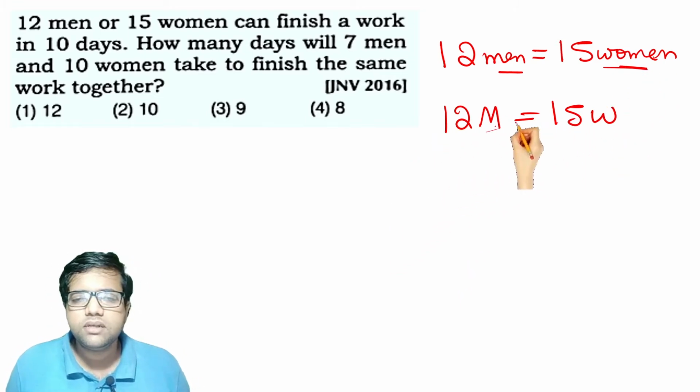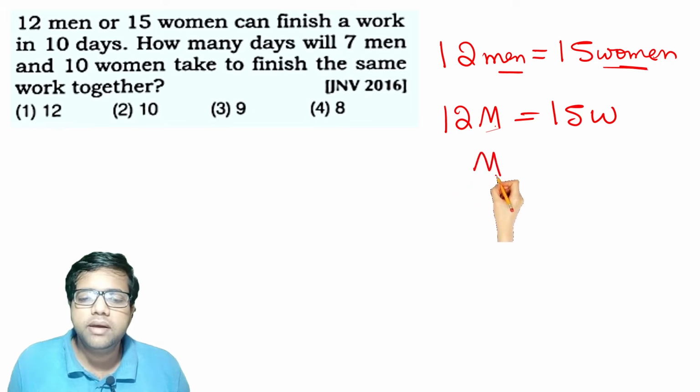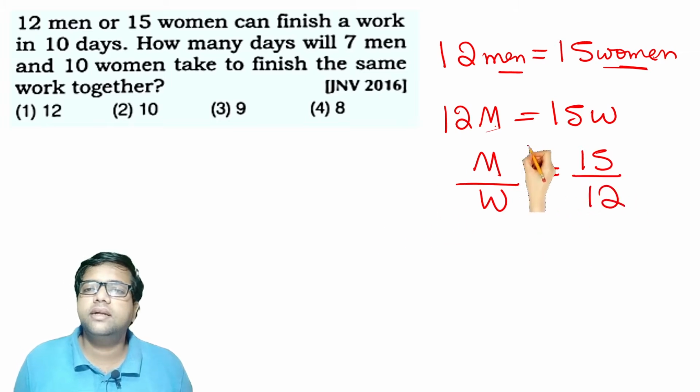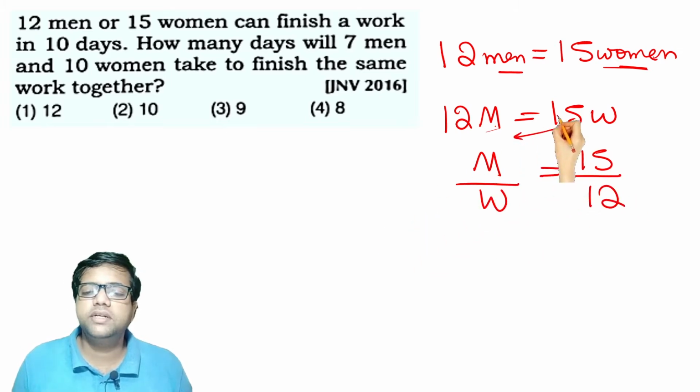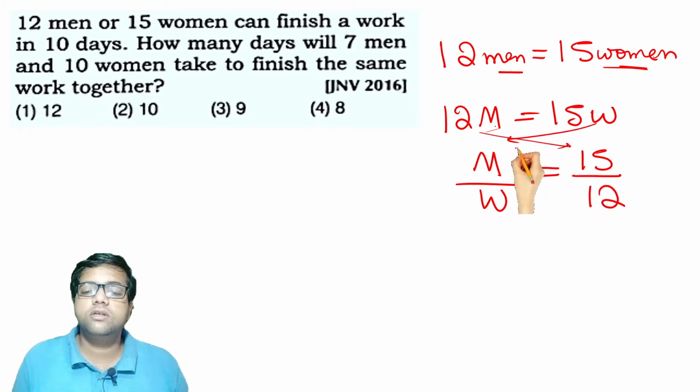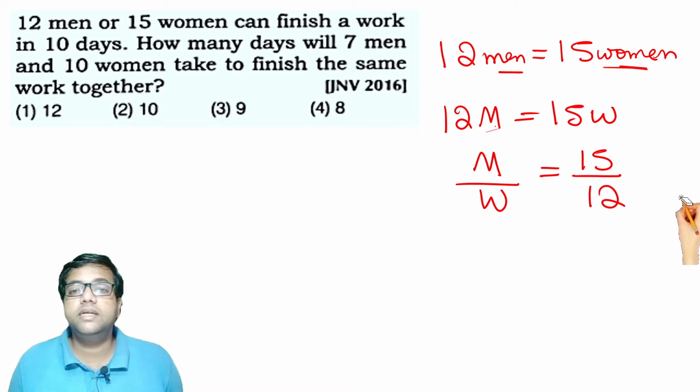This can also be written as men by women is equal to 15 by 12. I will cross multiply W, so the ratio of men and women capacity I will get as 15 by 12.